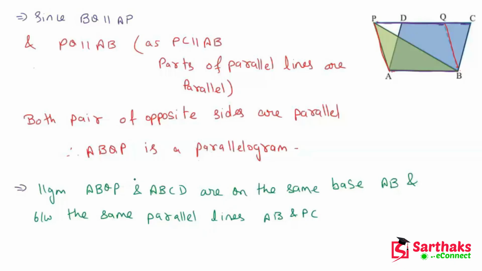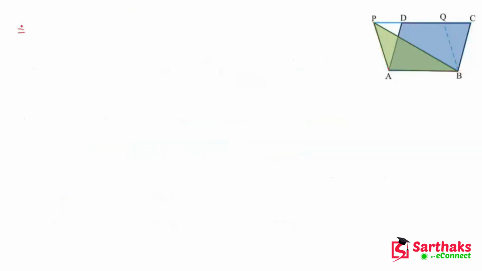So by theorem 9.1, we can say area of parallelogram ABQP is equal to the area of parallelogram ABCD, because parallelograms with the same base and between the same parallel lines are equal in area. We also proved this in theorem 9.1, in the previous lecture.